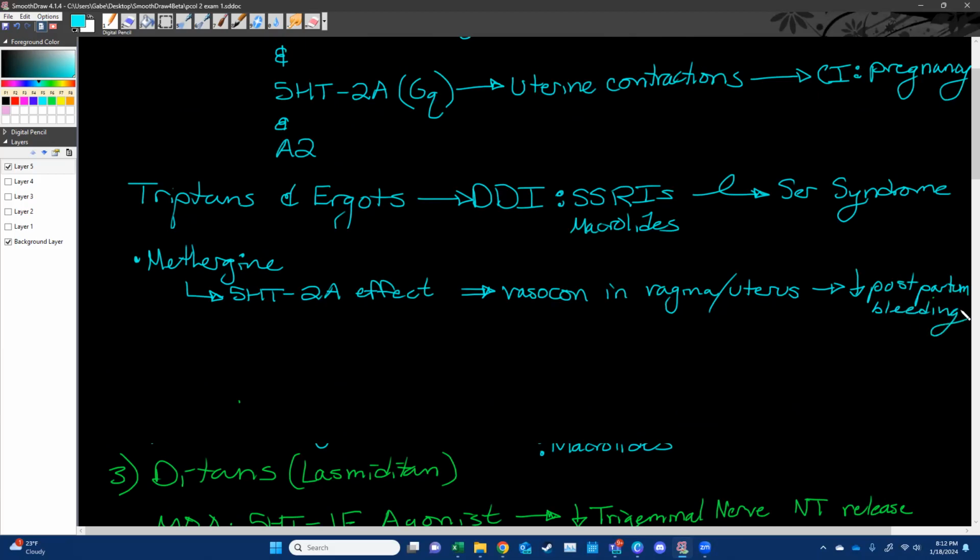Like I said, I think we have better drugs now that accomplish this goal. I'd have to check to see if methergine is really used anymore, or if it's kind of like a second line or third line agent, just because we have better, safer drugs.